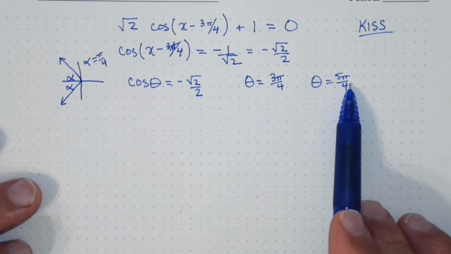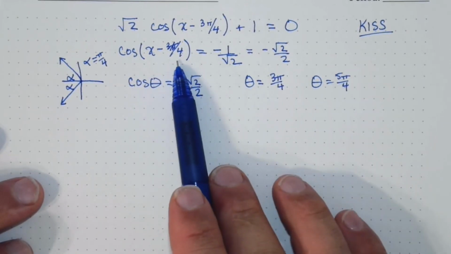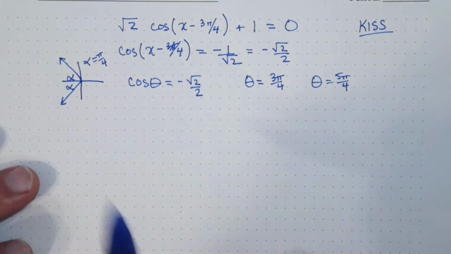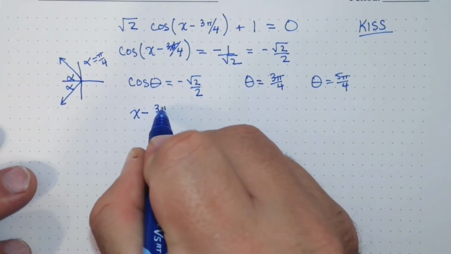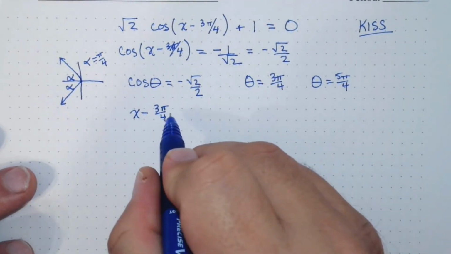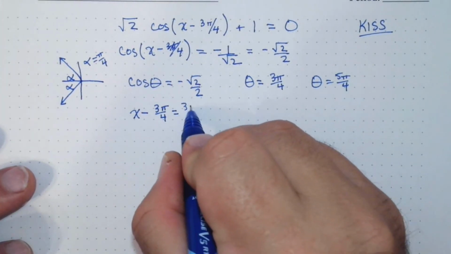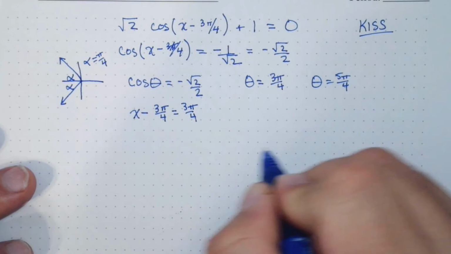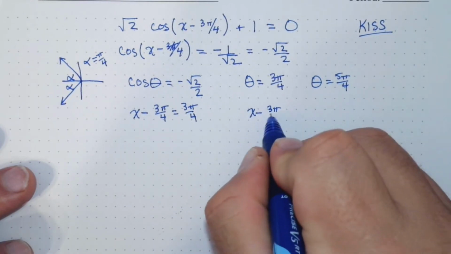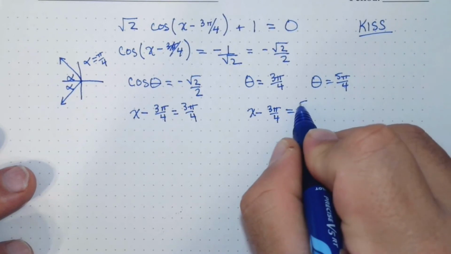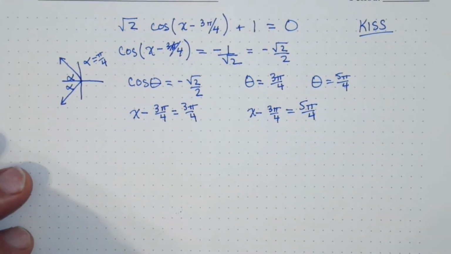But really this was just a substitution. My actual angle is x minus 3 pi over 4. So what does that mean for me? That means x minus 3 pi over 4 must be equal to 3 pi over 4, or x minus 3 pi over 4 must be equal to 5 pi over 4.